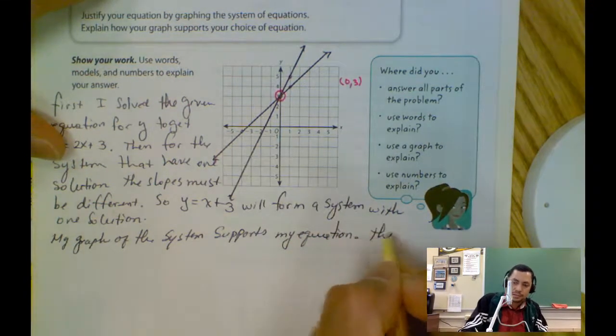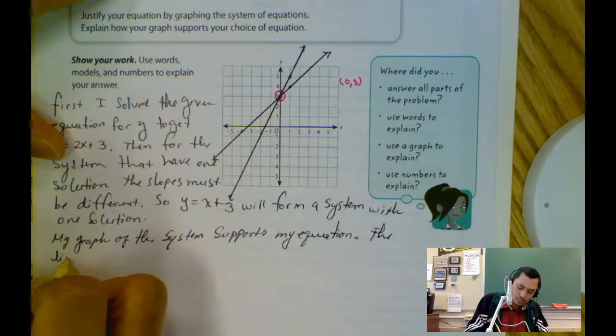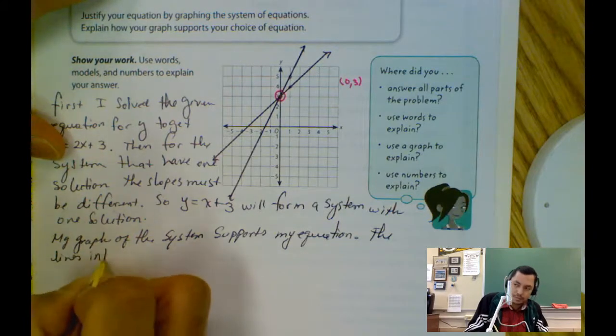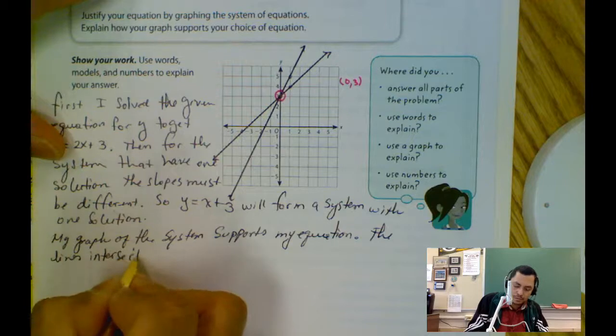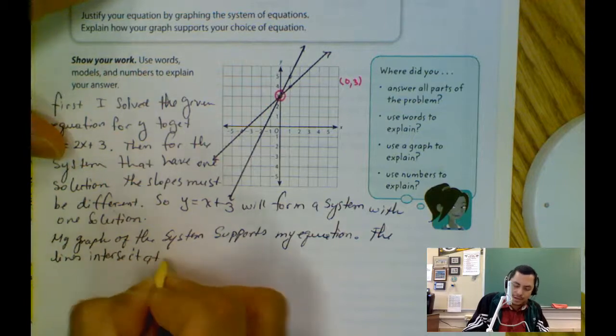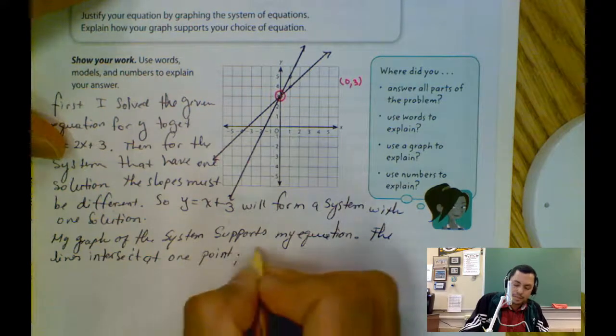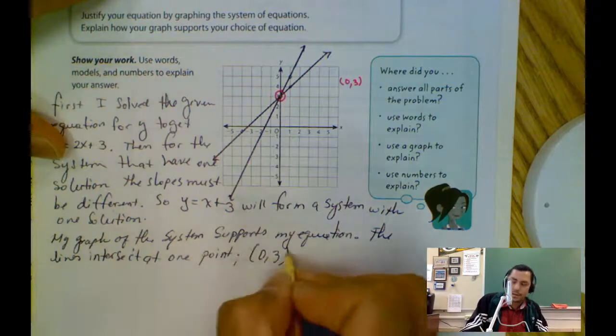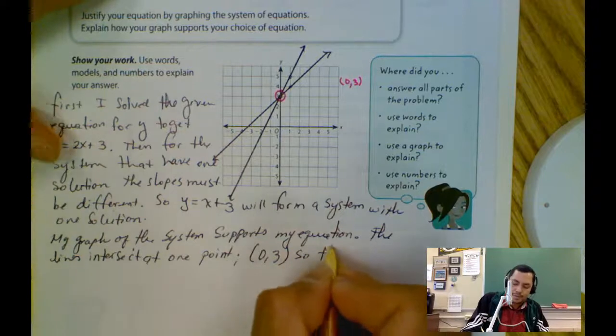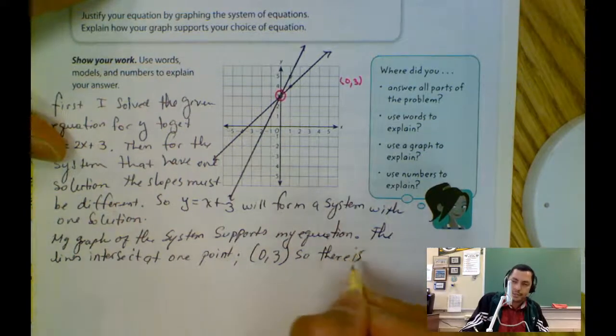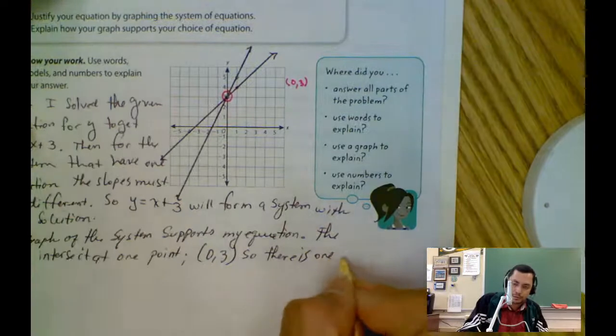The lines intersect at one point. In this case, the point is 0, 3. So there is one solution.